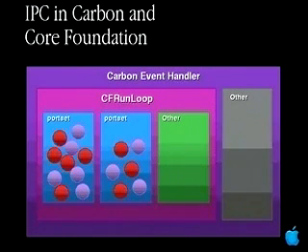Typically, your application is going to be using something like a Carbon event queue. The Carbon event queue internally has a run loop associated with it, and that run loop has a port set. When that thread is waiting on the event queue, you're going to see at the lowest level it's waiting for a message to come in on that port set.